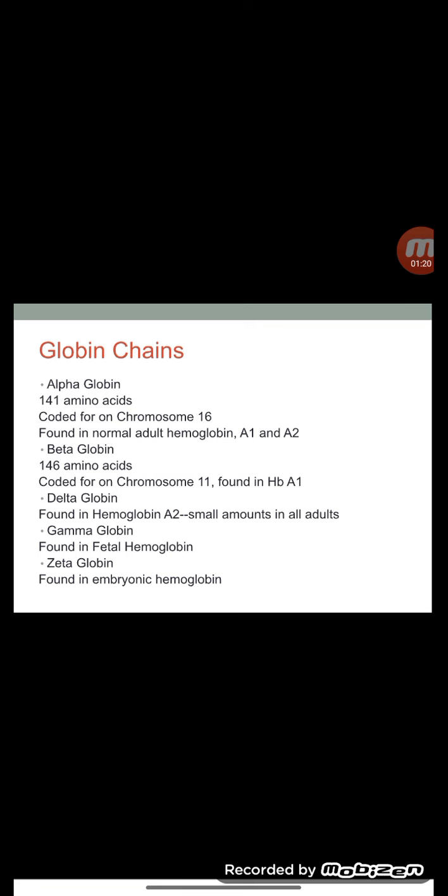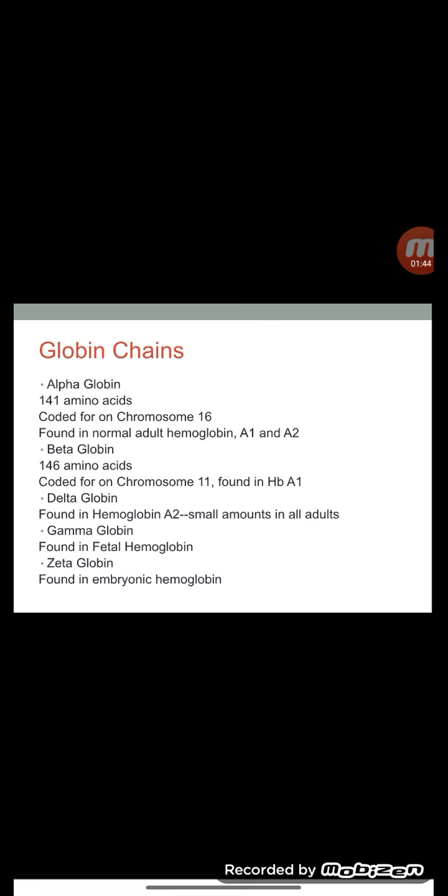So we will go through the various globin chains that are part of hemoglobin from the embryonic stage to the adult stage. Alpha globin contains 141 amino acids and is coded for on chromosome 16, and it is found in normal adult hemoglobin, both A1 and A2. Next one is beta globin.